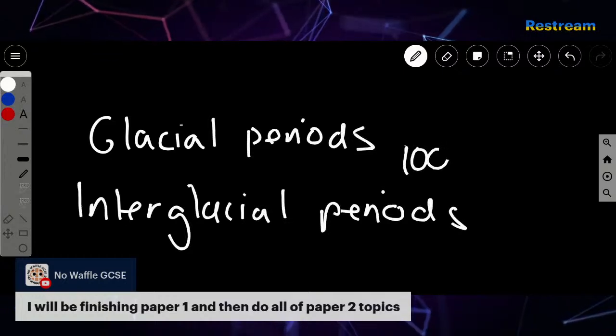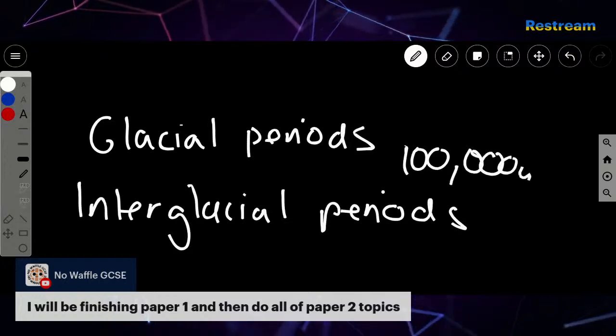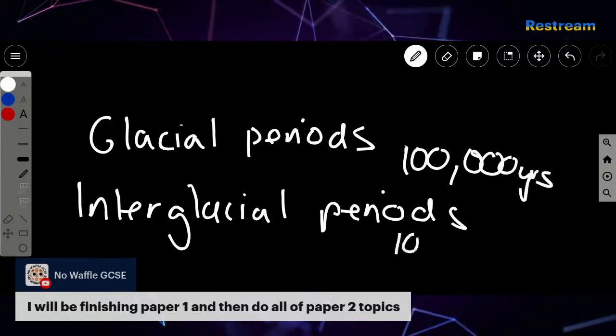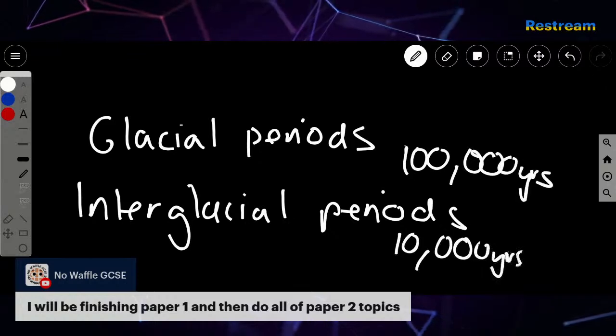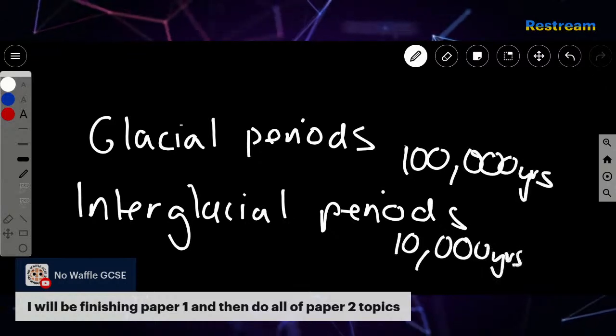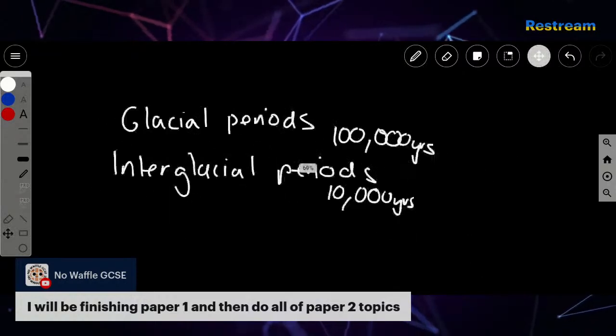Prominently, the world has had to deal with glacial periods, which means that the majority of the time the Earth is actually very cold.